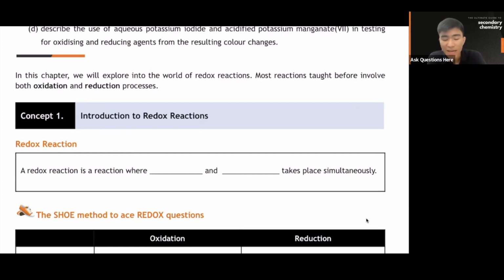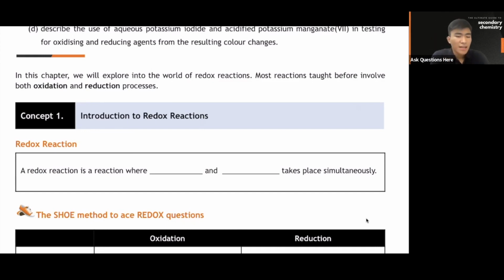Okay, and this way you will ensure that you do not have any content gaps in your studying, and you will ensure that you have adequately covered the necessary content or concepts required to do the questions. Okay, so let's start off with the first part, which is an introduction to redox reactions.